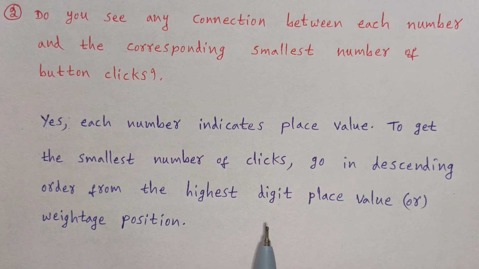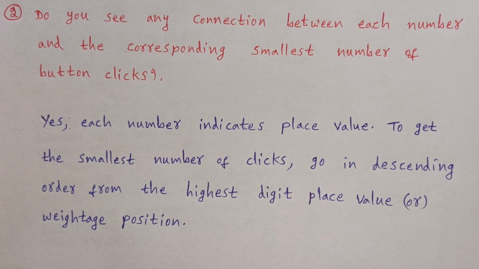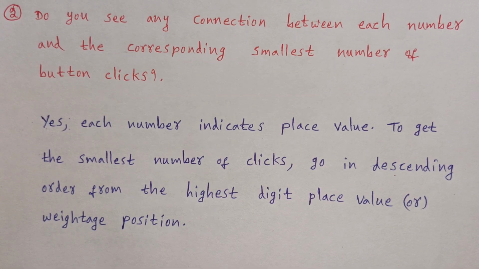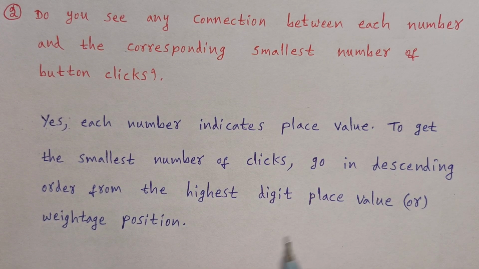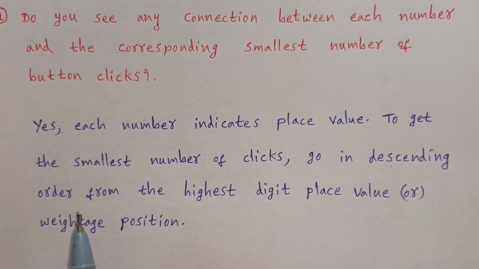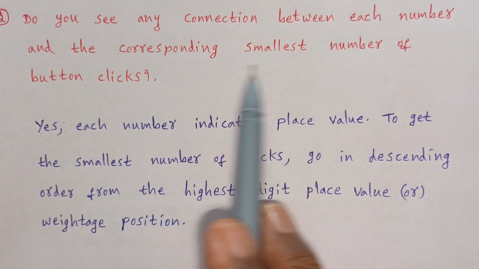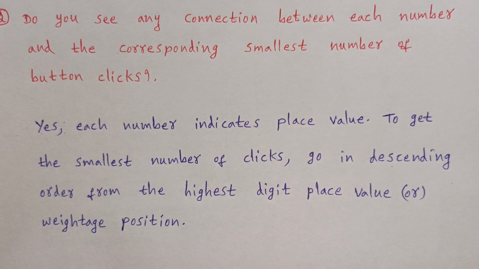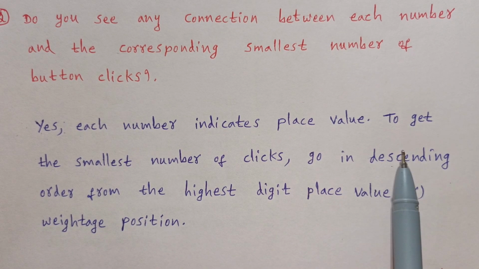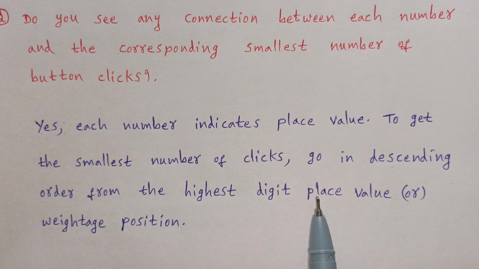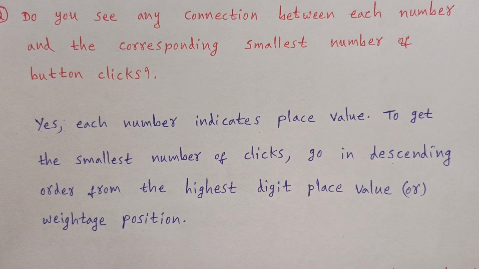So we have to take first 1 lakh. Then we have to go in descending order, means then the 10,000 place, 1,000 place, hundreds place, like that we have to go. So definitely there is a connection between every number and its corresponding smallest number of button clicks. So as per the weightage position, if you go, then definitely the number of clicks also reduces.